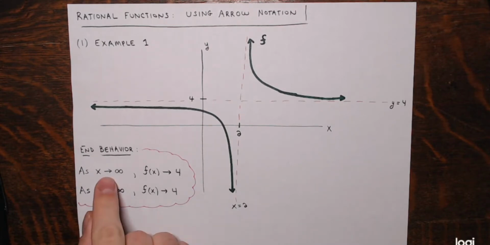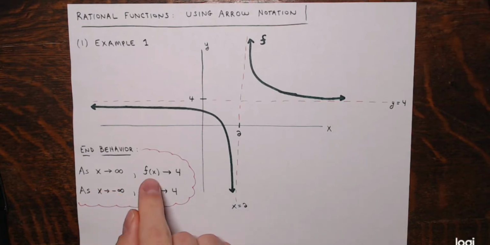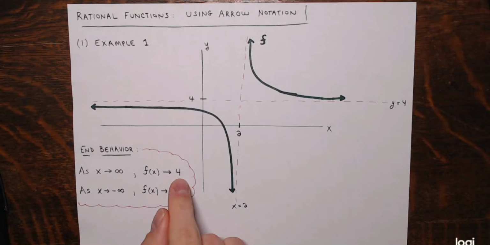If x approaches infinity or negative infinity, and your function value approaches a finite value, something that's not infinity or negative infinity, like the number 4, then you would say that the function has a horizontal asymptote at y equals that value, y equals 4 here. So I'll write that out right here.